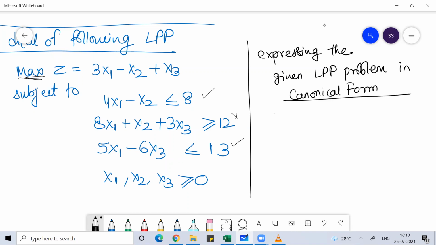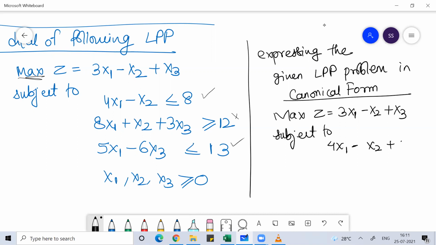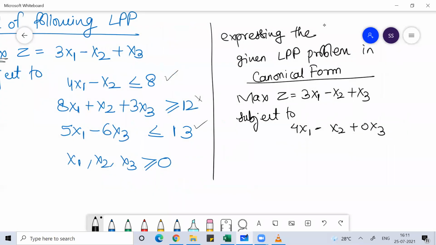So we can write the objective function maxima of z, which is given to you as 3x1 minus x2 plus x3, subject to constraints. The first constraint is 4x1 minus x2 plus 0x3. Since the objective function is maxima, the constraint will be less than or equal to 8.